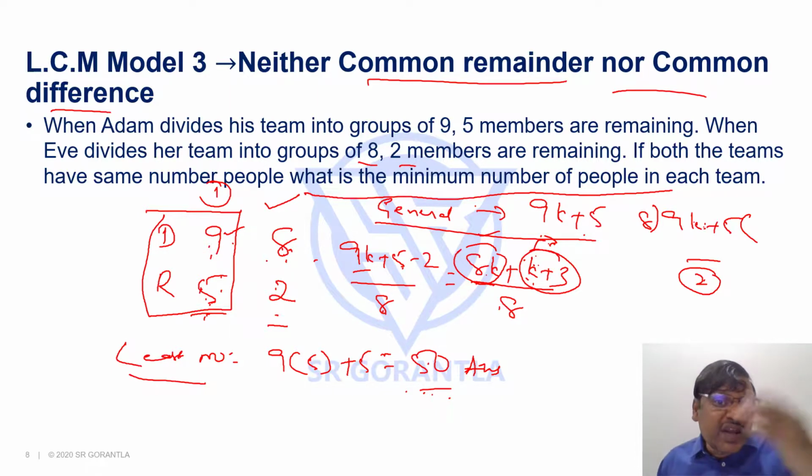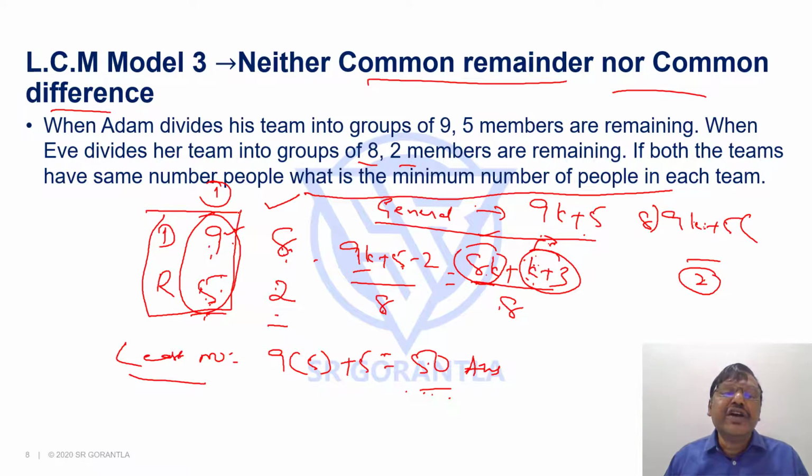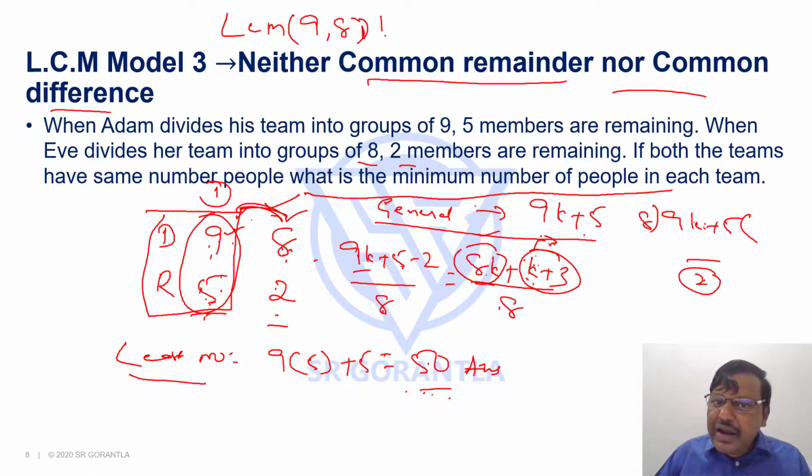Suppose I ask you what the next number is, how do we increase? What is the general form of the number? 9k plus 5 is the general form of the number that satisfies only one condition. I want the number that satisfies both conditions. As I said in the second question of LCM model 1, it is the LCM of 9 and 8, the divisor in the first condition and the divisor in the second condition, and its multiple, plus the least number that satisfies.